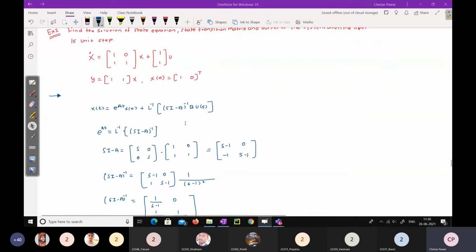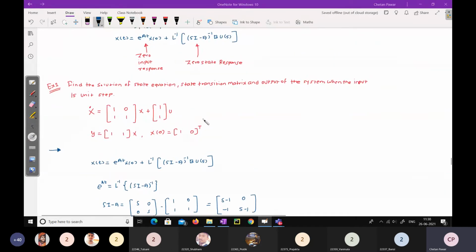Find the solution of the state equation, and you also need to find the state transition matrix and the output of the system when the input is unit step. So you need to find these things: the solution of the state equation, the state transition matrix, and the output of the system when the input is unit step.